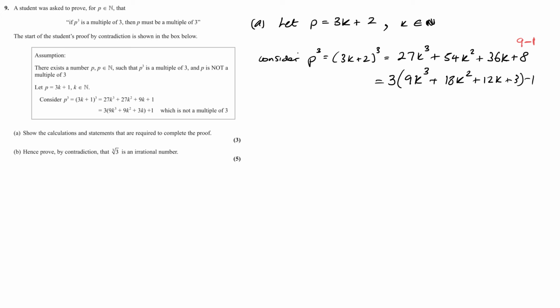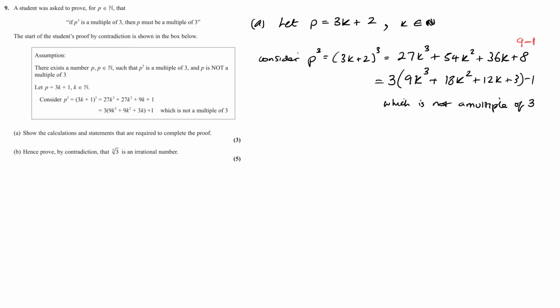Okay, so if you wanted to, you could put an extra line in here with the 9 minus 1 just to show it a little bit clearer, but you should be okay with just what I've written there. And then we want to put which is not a multiple of 3.